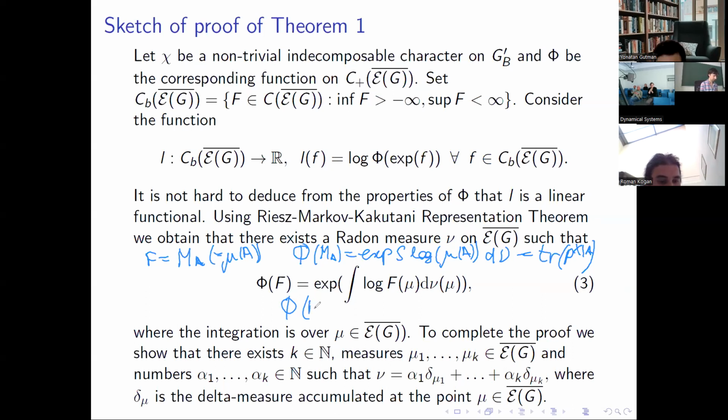So the first part of theorem 1 was formula for the character of this form.